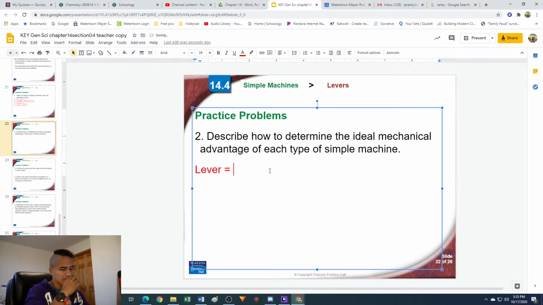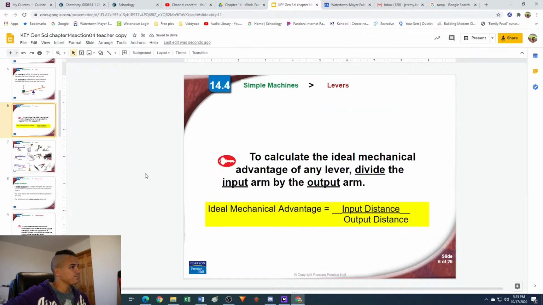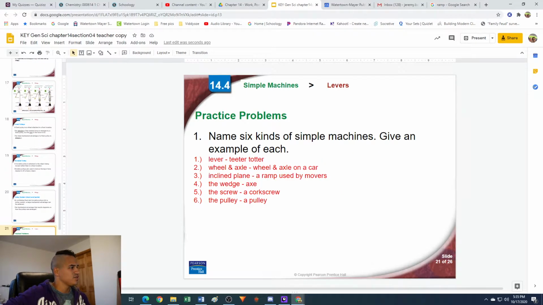So for levers, you're going to be measuring distance. For the lever, you need to take your input distance divided by your output distance. Let's make sure we underline this properly, and let's go back in our notes too, just to make sure that we're doing this right. Yes, this is going to be the ideal mechanical advantage.